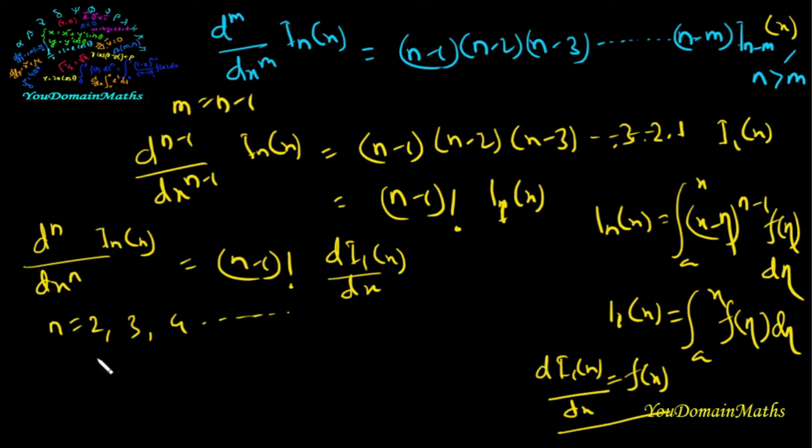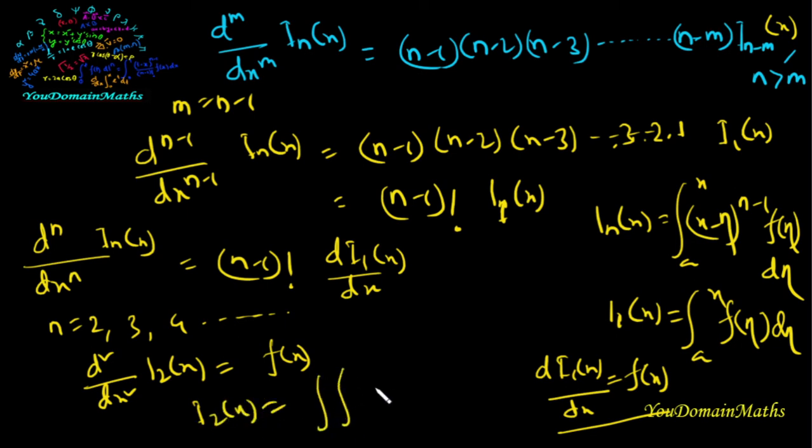Putting the value 2, d squared over dx squared of I_2 of x equals (2 minus 1) factorial, that means 1, so we cannot write it, and this is only f of x. So integrating on both sides, we get I_2 of x equals the integral of the integral of f of x dx.